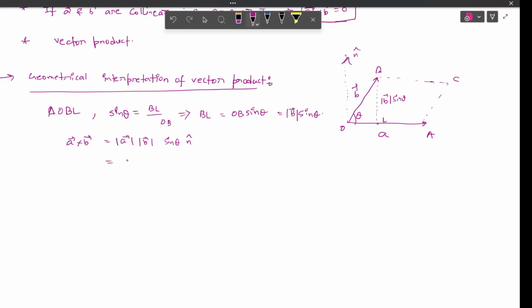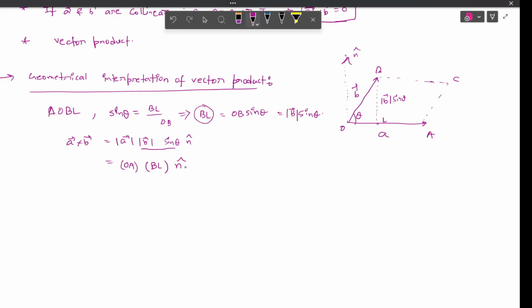So putting the values: mod of A vector, that is side OA, mod of B vector, that is side OB, and the unit vector. Now here we have put the value mod of B sin theta, and this mod of B sin theta is our BL.